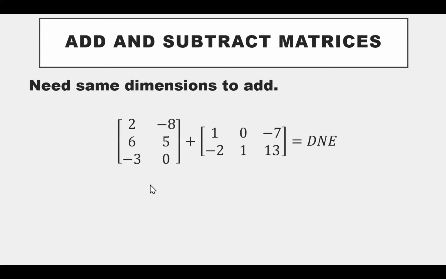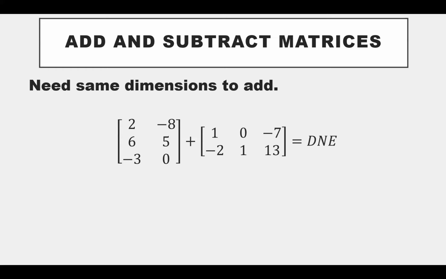Now, what if the dimensions don't match up? What if we have a 3 by 2 matrix added to a 2 by 3 matrix? Well, it turns out if matrices don't have the same dimensions, then we cannot add and subtract those matrices.